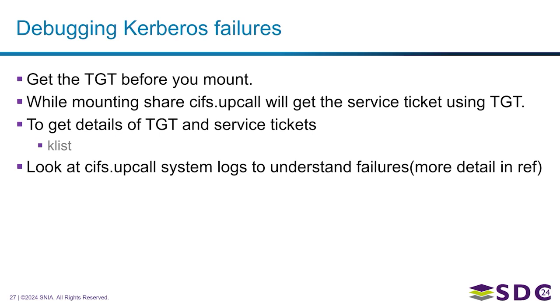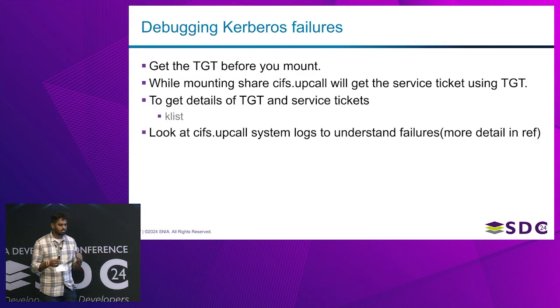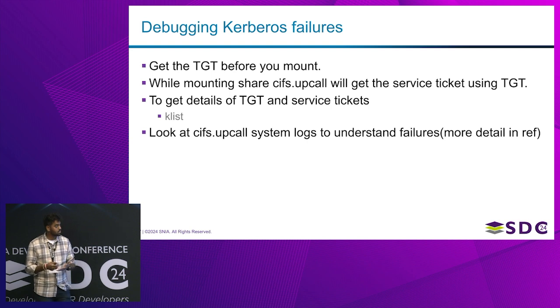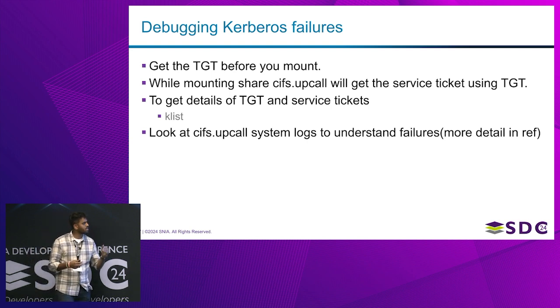As I mentioned, we use cifs.upcall for Kerberos to get a ticket. So to debug any of the Kerberos issues, you should make sure that you have a TGT before you actually mount. Once you have a TGT and you try to mount a share, then the cifs.upcall utility will try to get the service ticket needed by using the TGT. And once you have it, you should be able to mount a share.